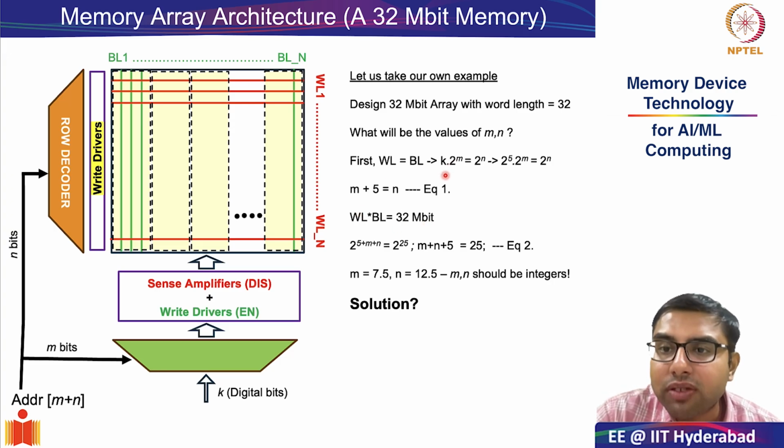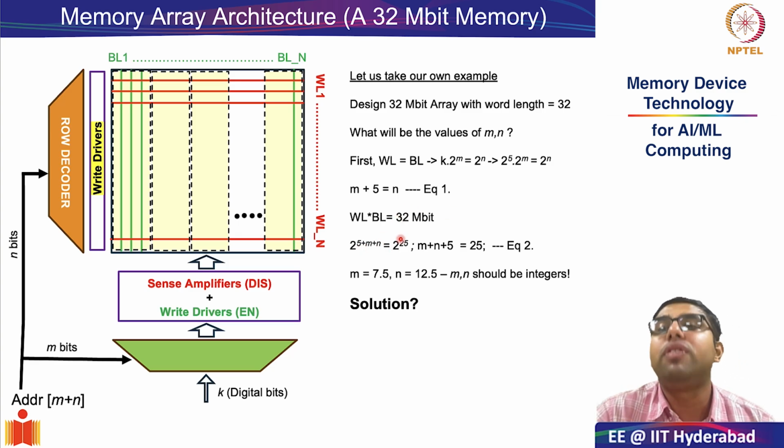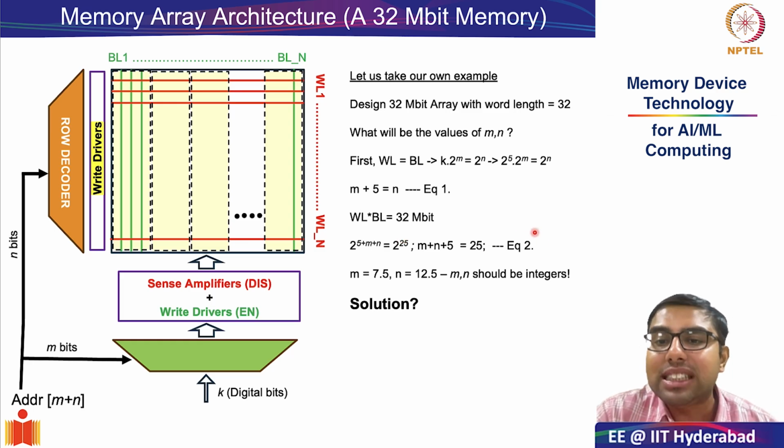So word lines were 2 to the power of n, bit lines were k into 2 to the power of m. So the left hand side of the equation becomes 2 to the power of 5 plus m plus n, whereas 32 megabit can be written as 2 to the power of 25. So the second equation, which is coming from the size of the array, becomes 5 plus m plus n is 25.